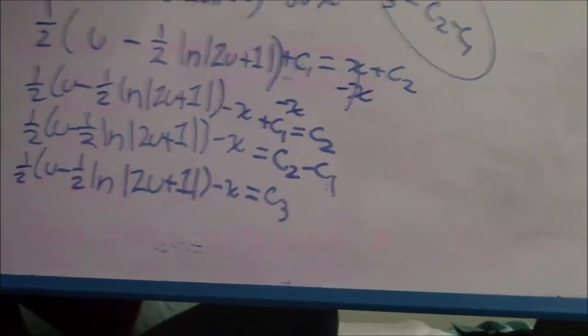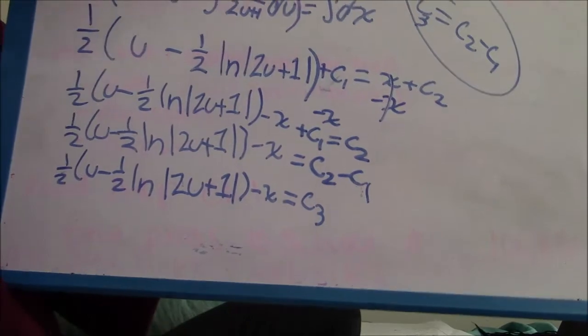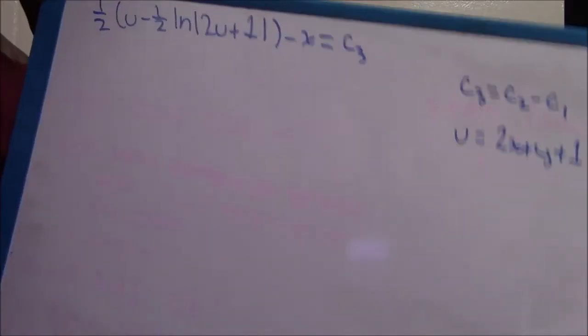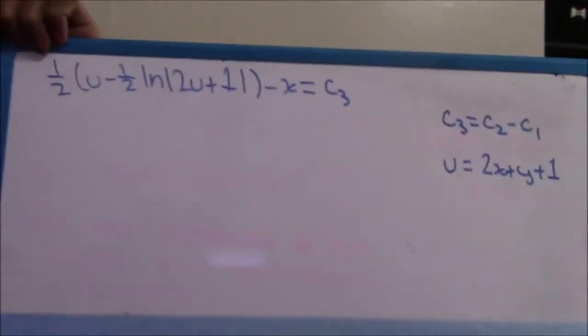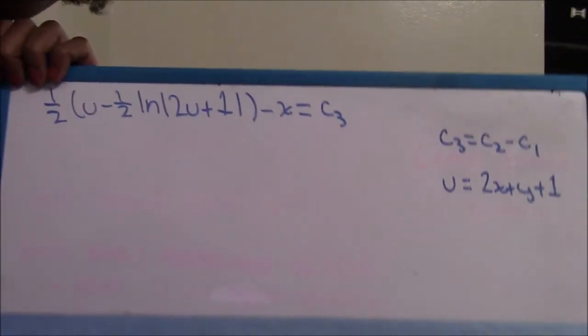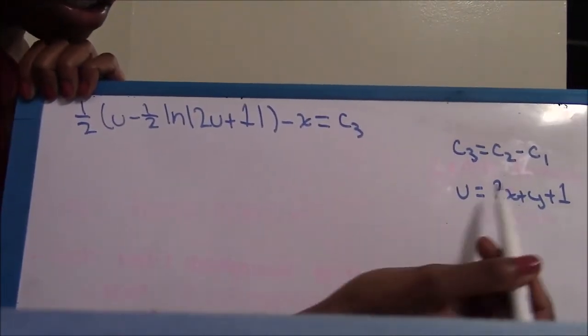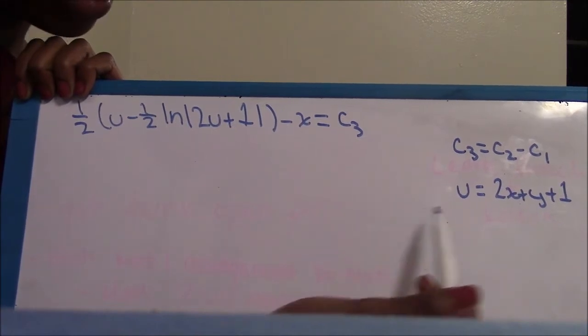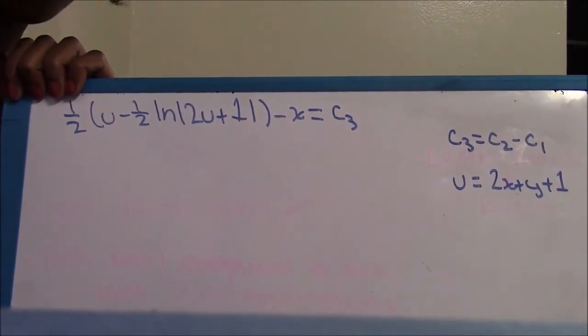Okay, so we have this so far. It's kind of simplified, but we have to do more altering. Okay, so now we're going to look back to our information from before. We knew that our C3 was our C2 minus C1, and we know that U is 2x plus y plus 1 from the beginning of the problem.